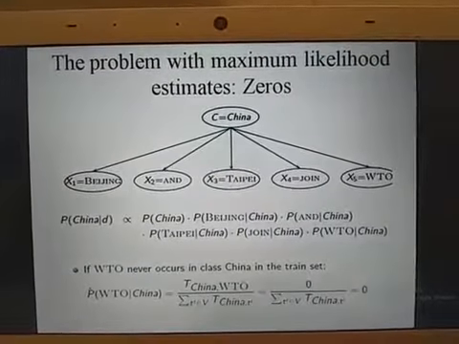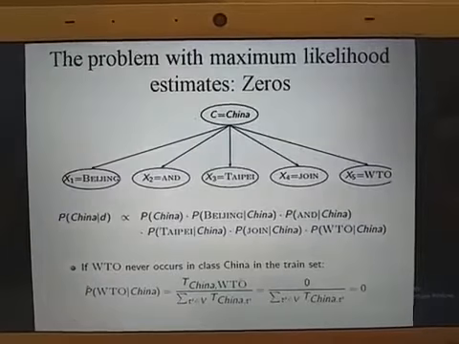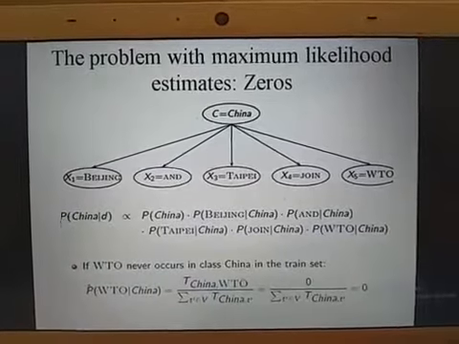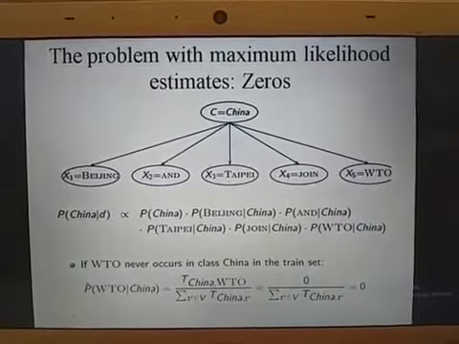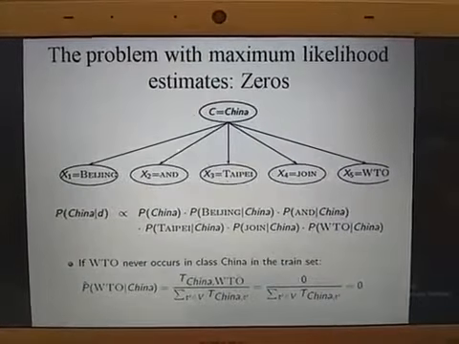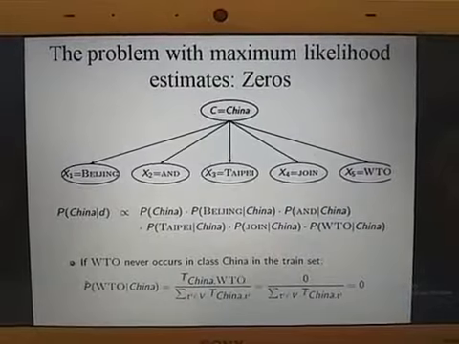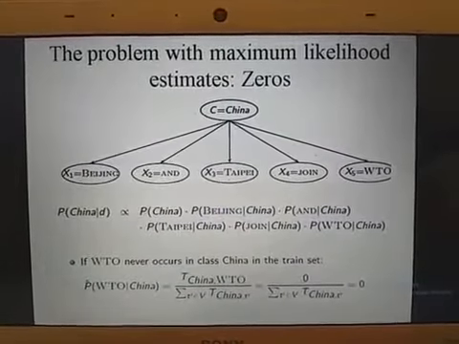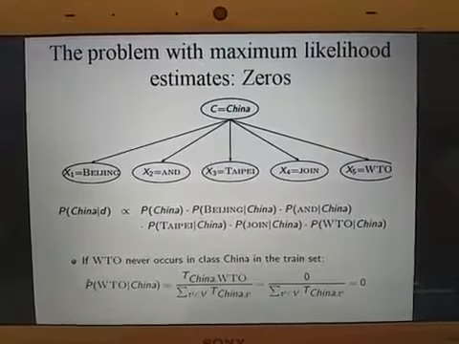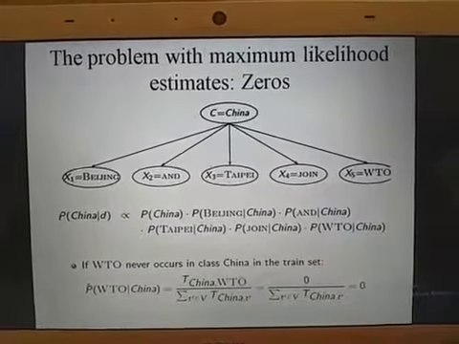If I take the numerator, T of China WTO, previously it was mentioned that WTO never occurred in China, so its occurrence and probability is 0. So 0 divided by something equals 0. That means here we are estimating the score 0.